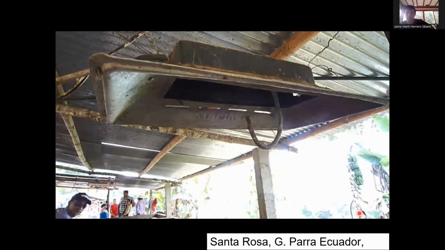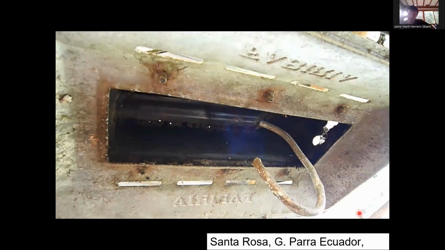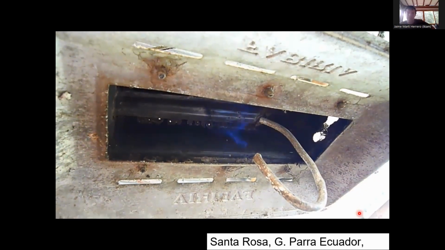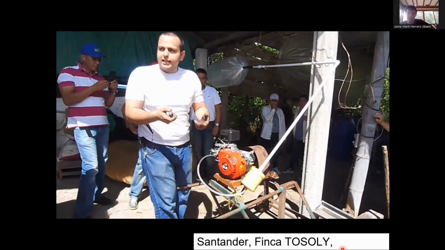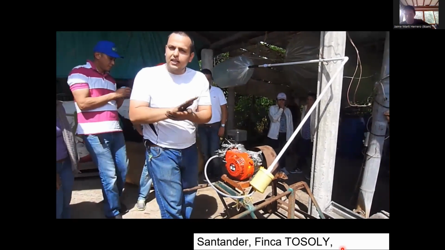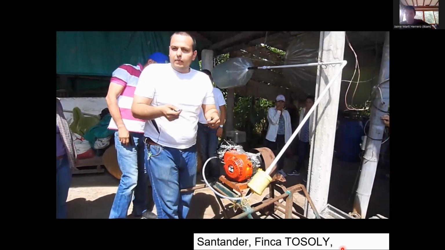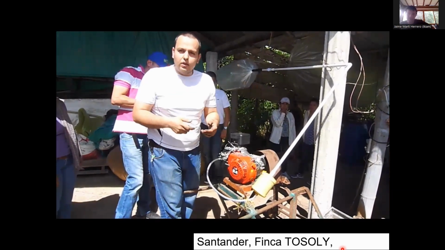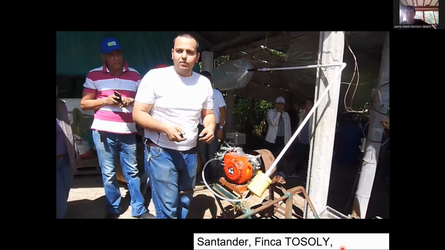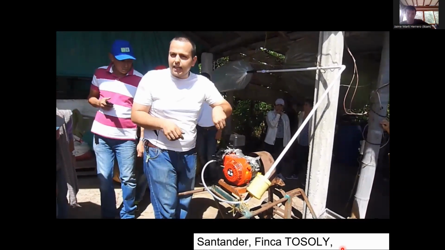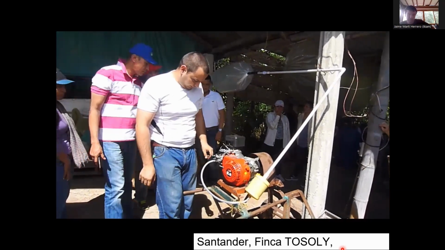Also, people who have pigs can use the biogas for heating the baby pigs. And sometimes people use the biogas to run small motors and engines, for example for cutting grass, or water pumps, or small machinery that you have on these small farms. So you can use this biogas for all this stuff.